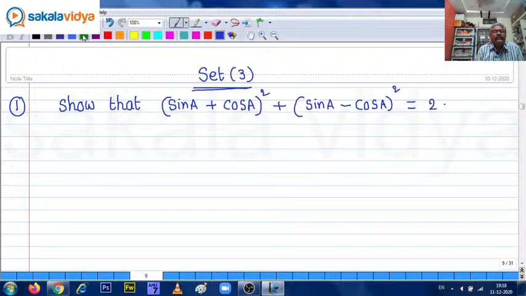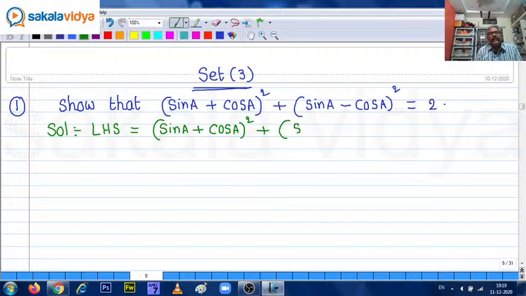So now the solution. Take left hand side: sin A plus cos A whole square plus sin A minus cos A whole square. So we need to use two formulae.